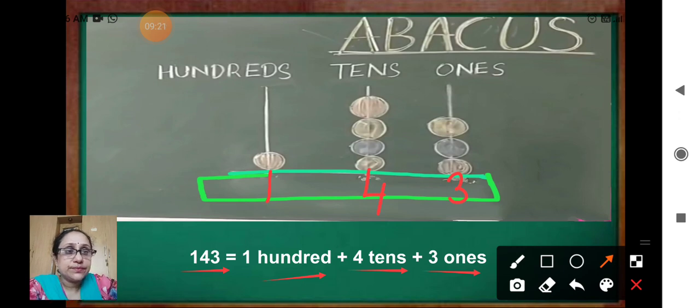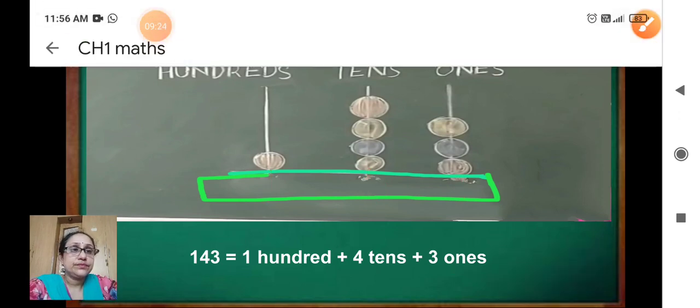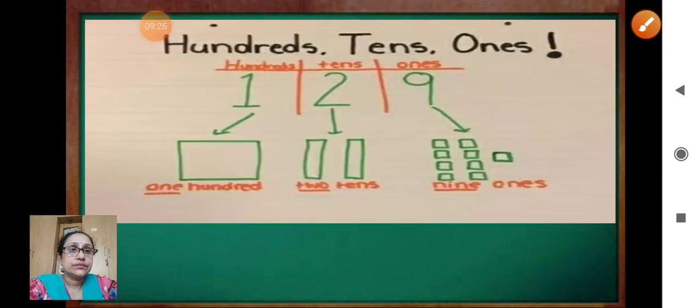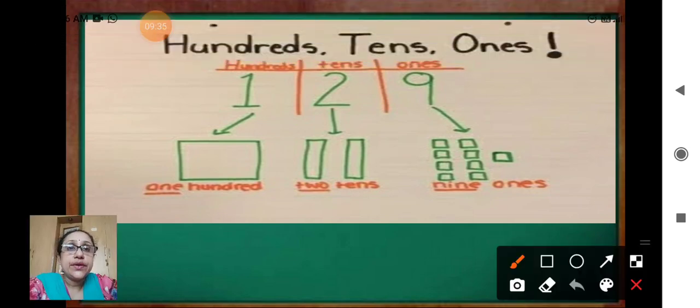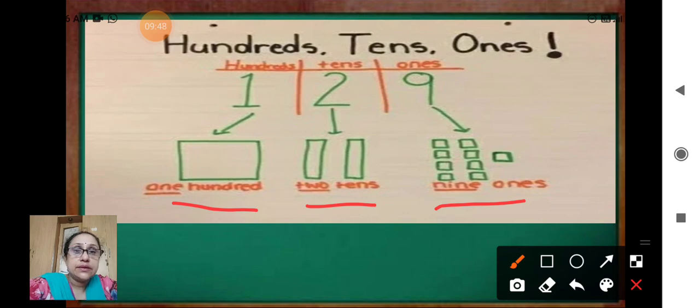Clear, children? Again, hundreds, tens, ones. You can see 129, 100, okay. Then 2 tens is this one, 20, and 9 ones. 129. Done?